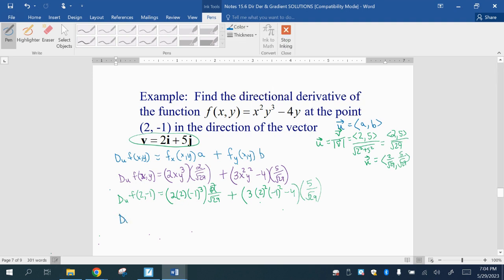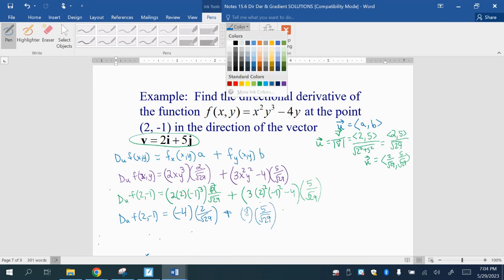So the directional derivative of our function at the point (2, -1) is negative 4 times 2 over the square root of 29, plus 3 times 4 is 12, minus 4 is 8, and then times 5 over the square root of 29.